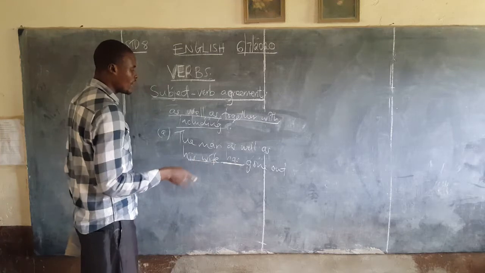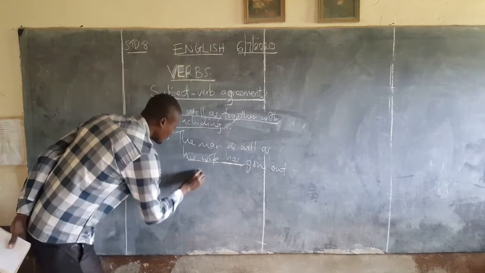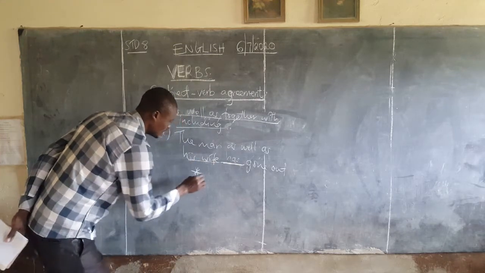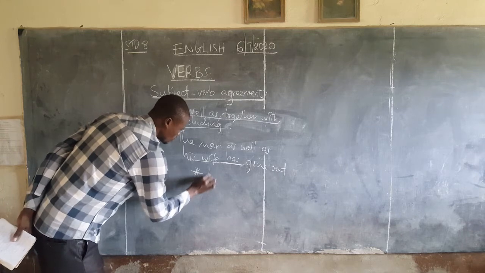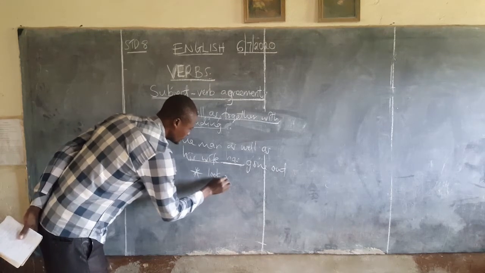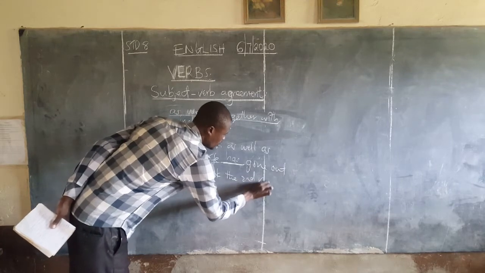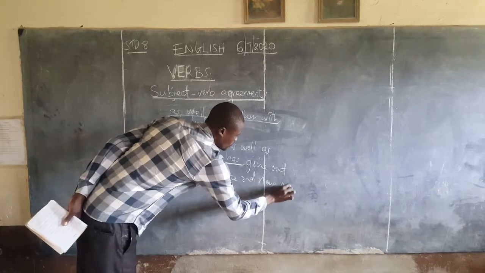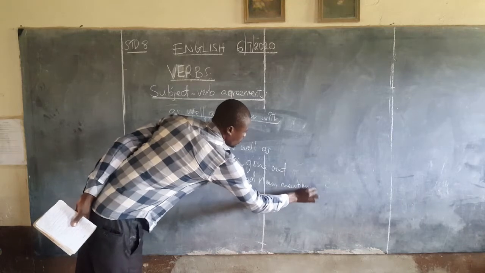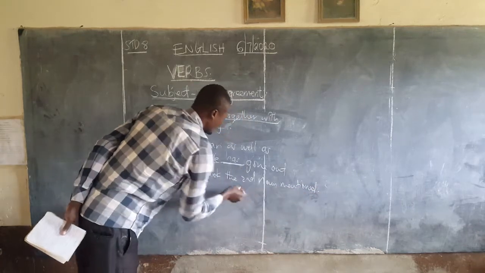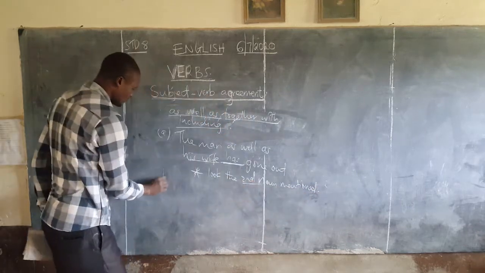So in this level, we look at the second. Here, mark that word, let me put an asterisk. Here we look or consider the second noun mentioned. Why have I said this? Consider this second sentence.